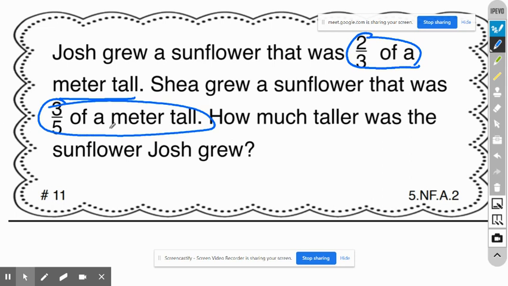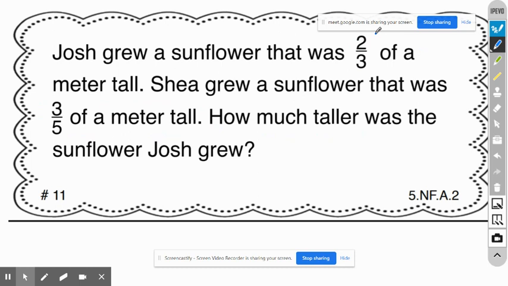Okay, so it's the same. That's another tip. How much taller was his flower? So how would I think about it? Right away I know his plant.